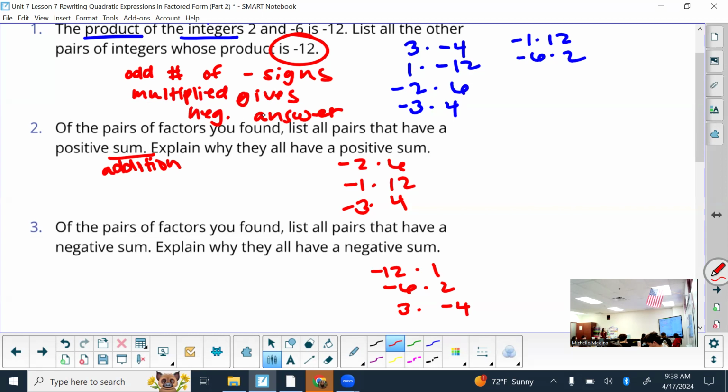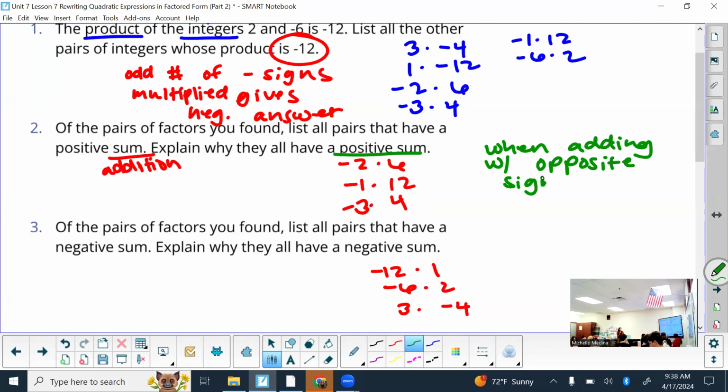Then when it comes to adding numbers with opposite signs, what's that integer rule? Like, how do you know that these give you a positive when we add them? So think about what the rule is for that. When adding numbers with opposite signs, we do what?